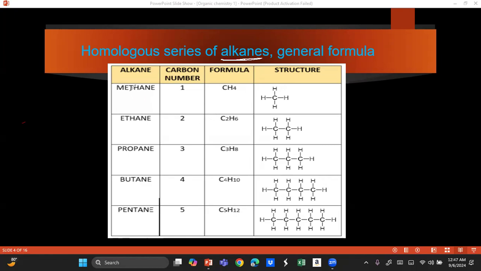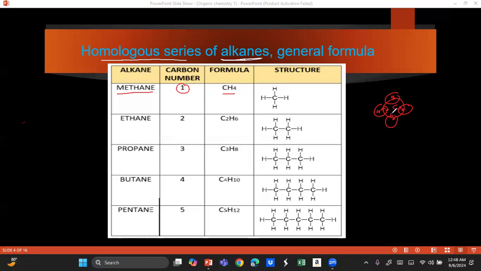For example, the first member of the homologous series of alkanes is methane. As methane is the first member, it must have one carbon. Its molecular formula will be CH4. Why is it CH4? You might have studied in covalent bonding. Each carbon has 4 electrons in the outer shell. It will make 4 covalent bonds with 4 hydrogens.